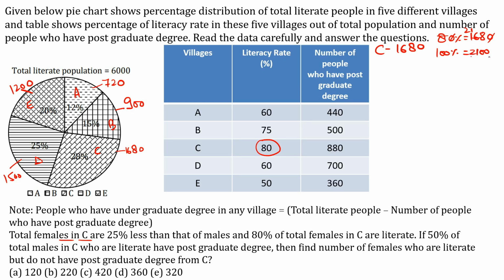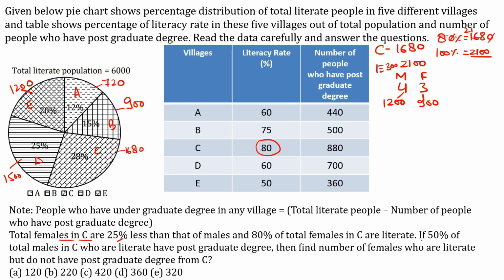So 2100 will be the total population, and out of this 2100, if the female is 25% less than male, that means if male is 4, then female will be 3, and 4 plus 3 is equal to 7, which is equal to 2100. So 1 will be equal to 300. That means total male is 1200 and total female is 900.